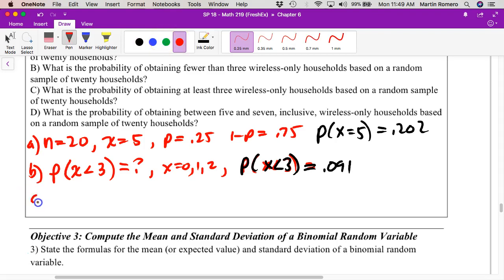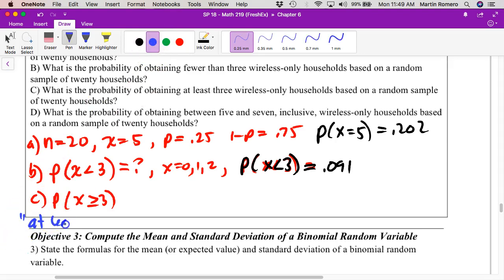Looking at C: what is the probability of obtaining at least 3 wireless households based on a random sample of 20 households? At least 3 means greater than or equal to 3. You need to recall important information.